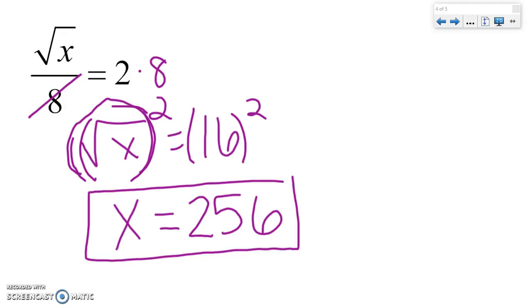And the reason that this is only positive 256 is we know that I cannot take the square root of a negative number that's resulting in a positive answer. There are no imaginary numbers located in my original problem, so the only value I can take in this case is positive 256.